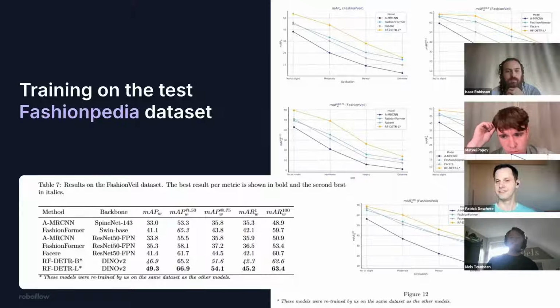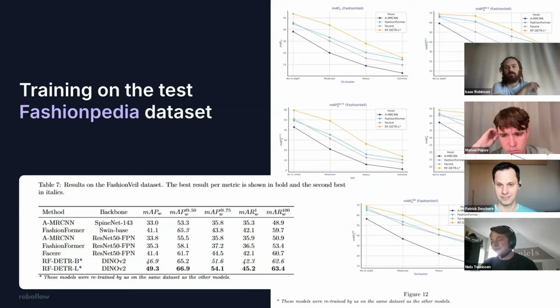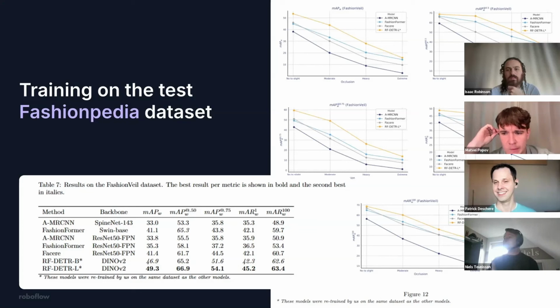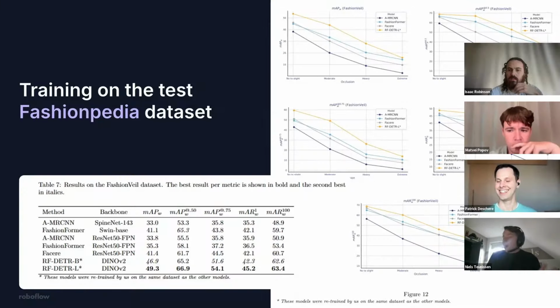What was really interesting to see is that the performance of the RF-DETR base and also the RF-DETR large model was way better on the Fashionville dataset when they were all trained on the Fashionpedia dataset, which shows some kind of within domain generalization, as the images in the Fashionpedia dataset are more at places like a catwalk, while in the Fashionville dataset, there are all kinds of people in an inside environment.